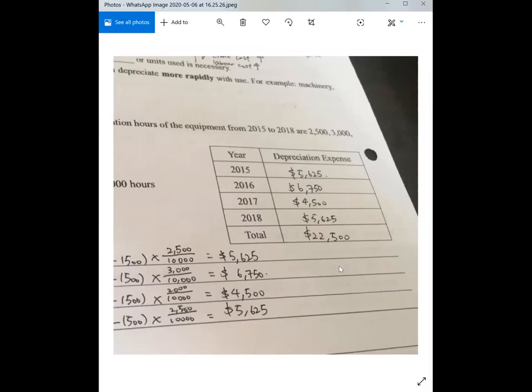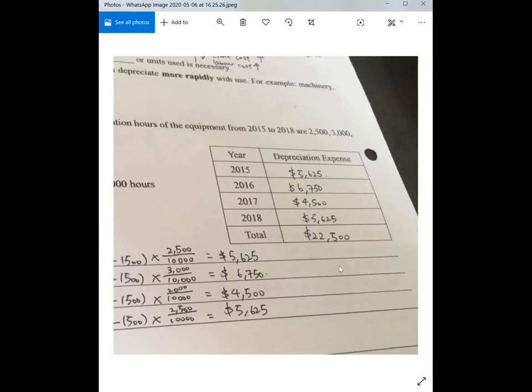So no matter which kind of methods we're using, we can get the total depreciation throughout the 4 years. We can get the same amount. The only difference is the depreciation in each year, which may be different. So be careful.